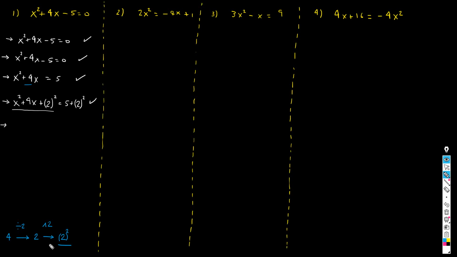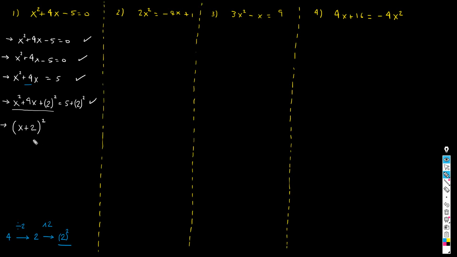When you do this method of doing this transformation to this number and you arrive at this, when you add it to these two terms, when you add x squared plus 4x plus 2 to the 2, what this is going to become is a perfect square trinomial. And if you remember, a perfect square trinomial can be written as a binomial to the square. In this case, that binomial will be x plus 2 to the square.